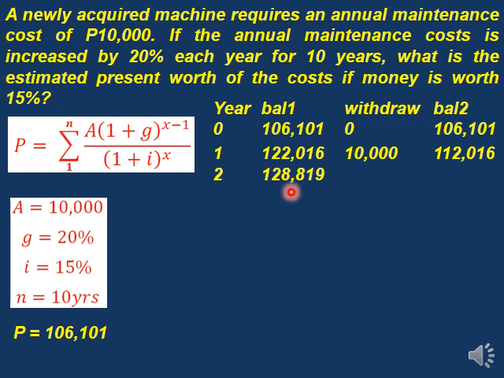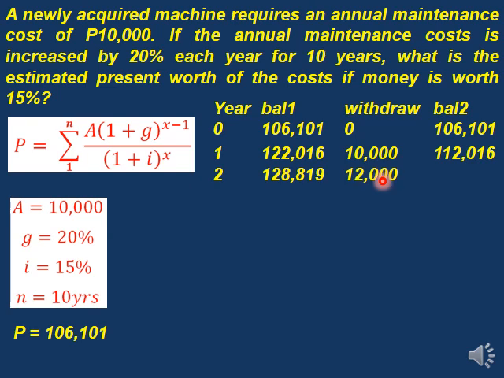And then you go to the bank to withdraw your second maintenance cost. You withdraw how much? Because the maintenance cost also increases each year by 20%, we need to multiply 10,000 by 1.2 to get the equivalent maintenance cost at the end of the second year.